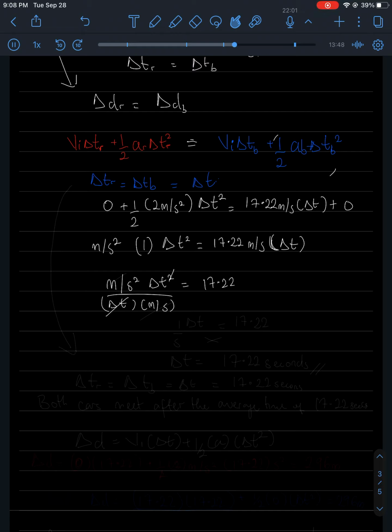This cancels out the squared, meters per second cancels out this, and you're left with seconds. And you're left with delta t, 1 over s, is equal to 17.22. And you cross multiply, you're going to end up with delta t is equal to 17.22 seconds. And this is your average time it will take both cars to meet.